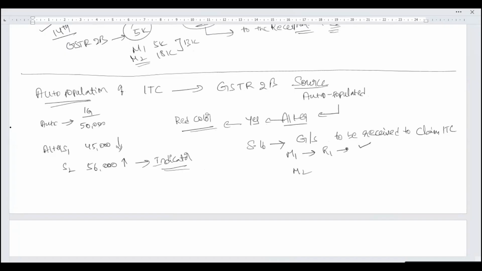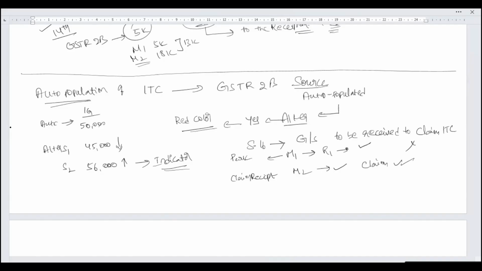But the actual receipt of goods happened in month 2. So as per section 16, my eligibility to claim is only in month 2 and not month 1. So in this scenario, they have brought some disclosure mechanism where in month 1, I say I park it to claim later, and I claim at a later point in time. This is what would be my interest.